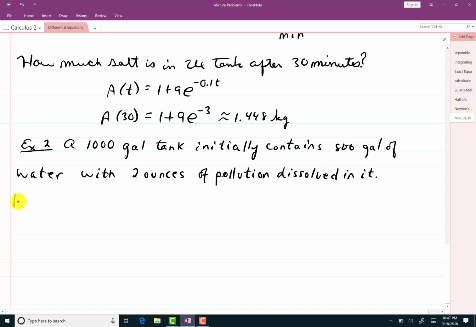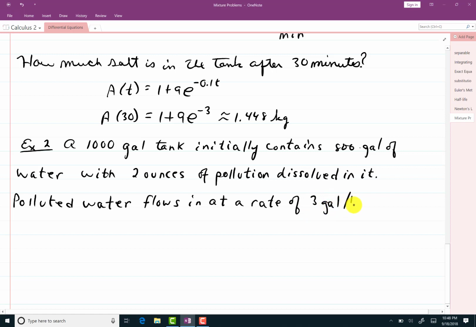So polluted water flows in at a rate of 3 gallons per hour and contains 5 ounces per gallon of pollution.